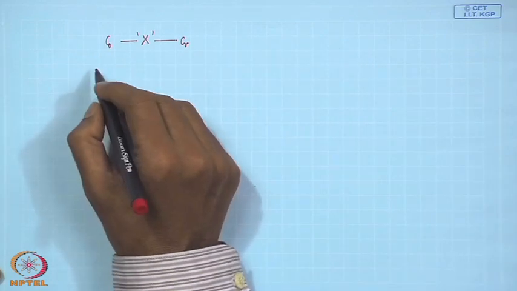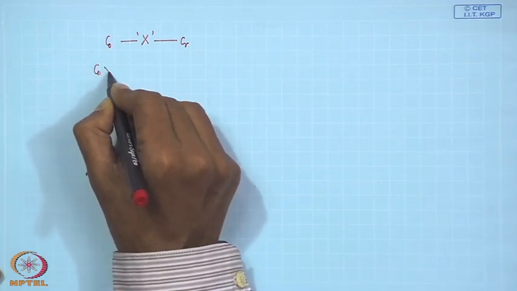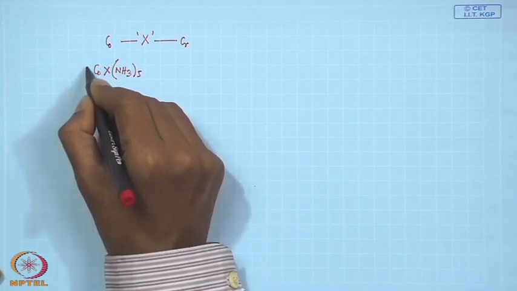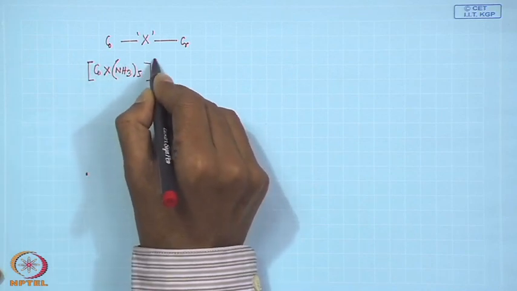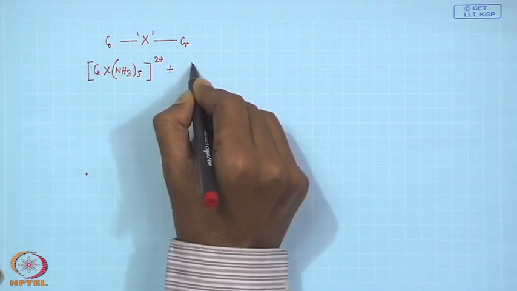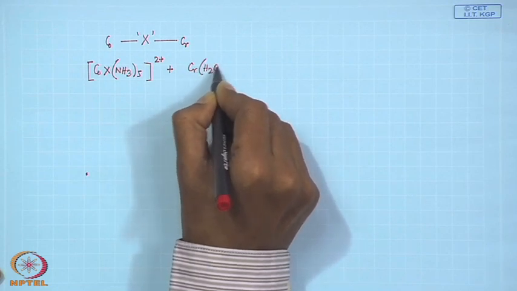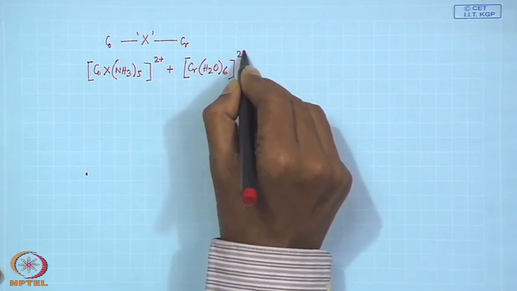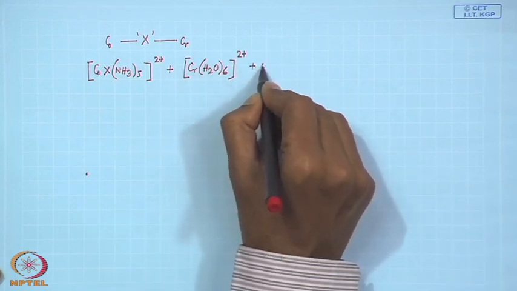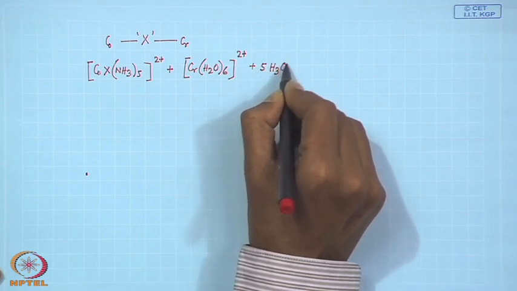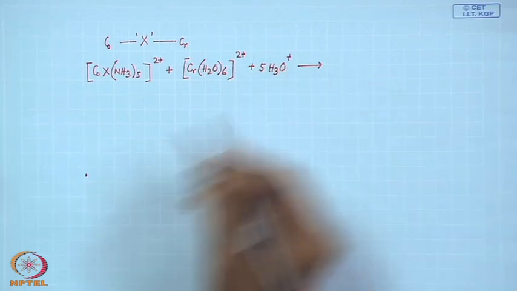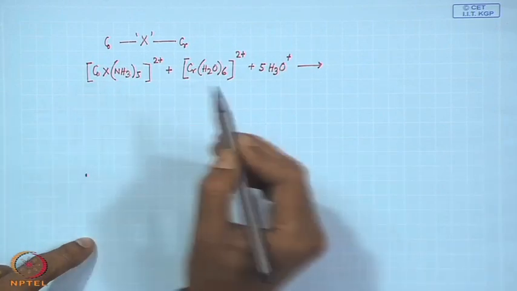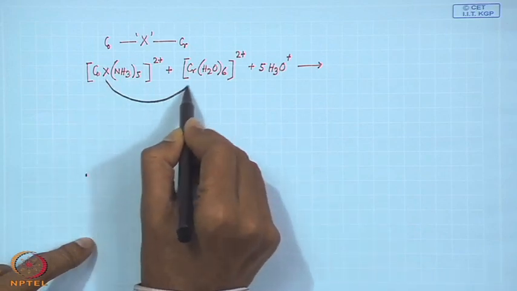So if we have a cobalt X pentaammine compound, [Co(NH3)5X]2+, reacting with [Cr(H2O)6]2+, with the presence of 5 water molecules in protonated form, that gives rise to the transfer of this X from here to here.